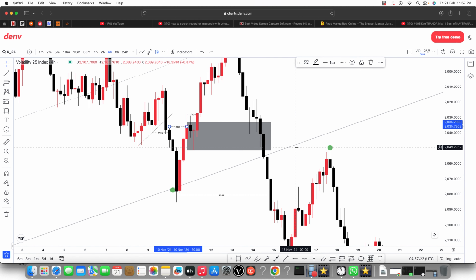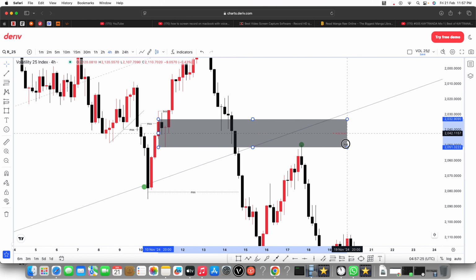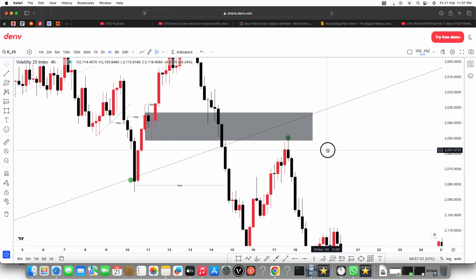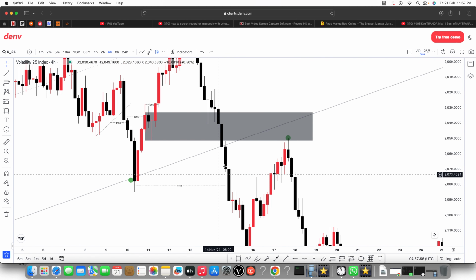However, it was broken through again, making this another breaker block area. This breaker block area is a previous area of demand. It's a key area of demand that we look at, where the market has to use it as an area of price that it's either going to break through and buy from, and it's also an area the market used to sell from.